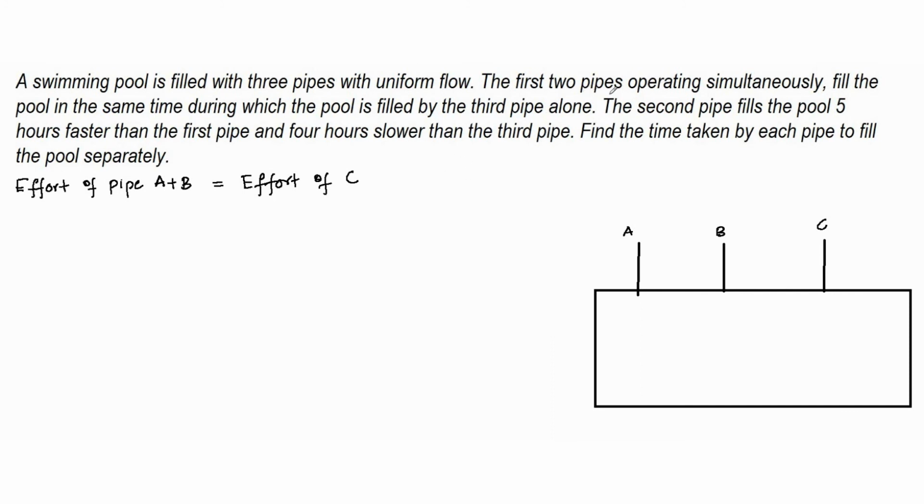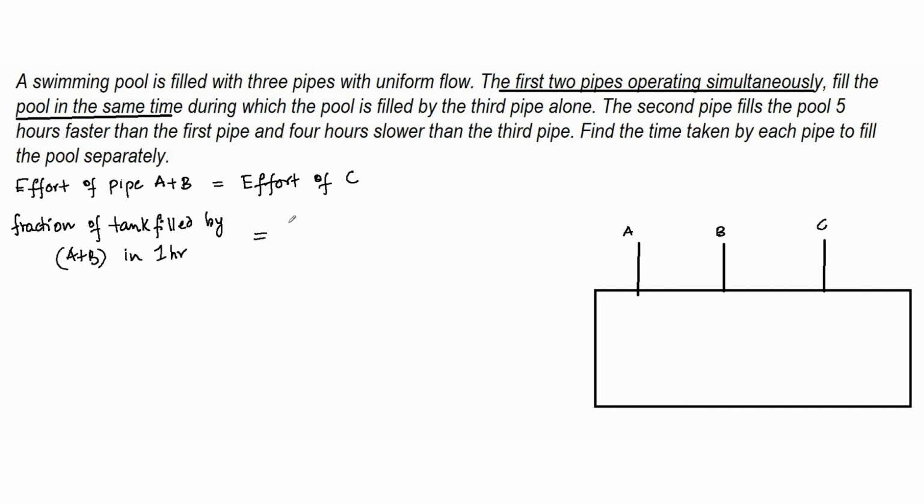Because if you keep these first two pipes operating simultaneously, then they fill the pool in the same time during which the pool is filled by the third pipe alone, which means the fraction of the tank filled by A and B together in 1 hour will be equal to the fraction of the tank filled by C alone in 1 hour, right?